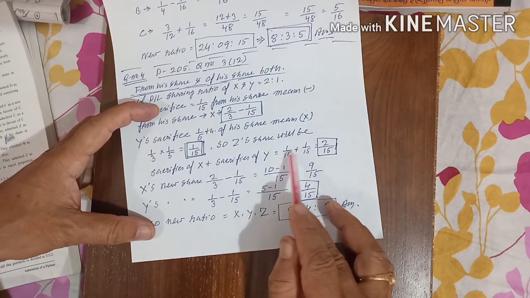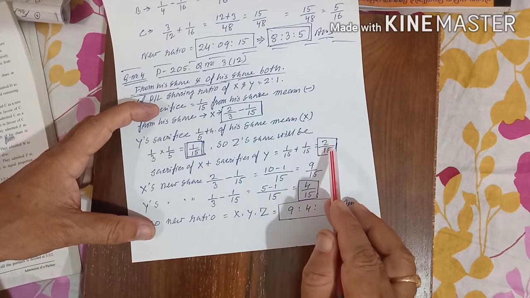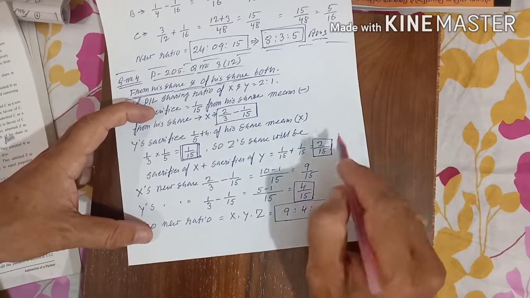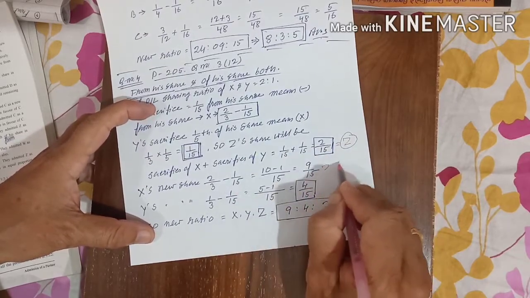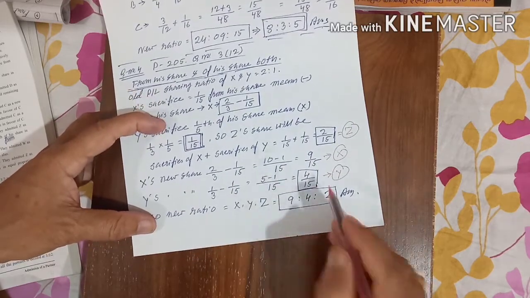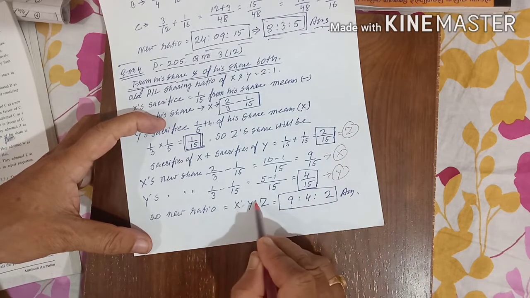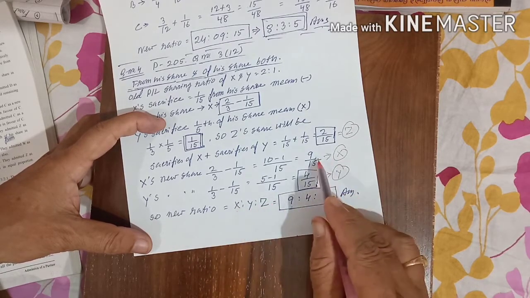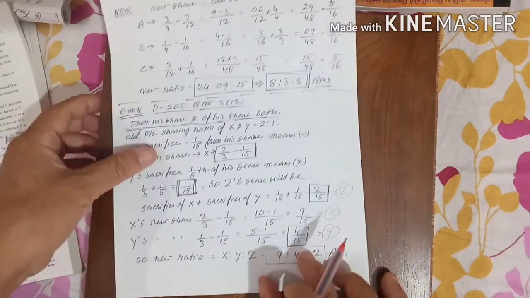Keep in mind, it is 2 by 15. So this is for Z, this is for X, and this is for Y. Here I wrote X first, because X to Y to Z is equal to 9:4:2. These are the new shares.